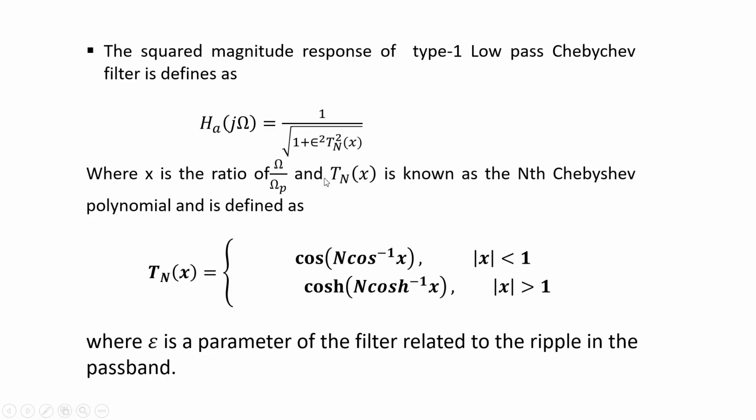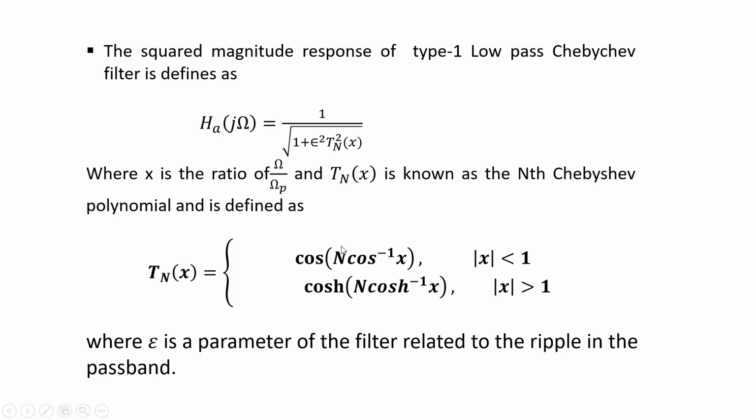Now Tn(x) is the nth Chebyshev polynomial and is defined as cos of n cos inverse x for mod x less than 1. Mod x less than 1 means that omega goes from minus omega p to plus omega p, whereas mod x greater than 1 means it goes away from minus omega p on the negative side and away from omega p on the positive side.